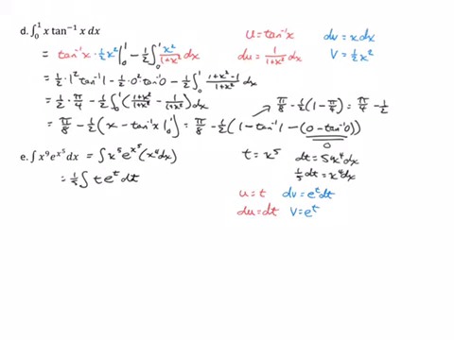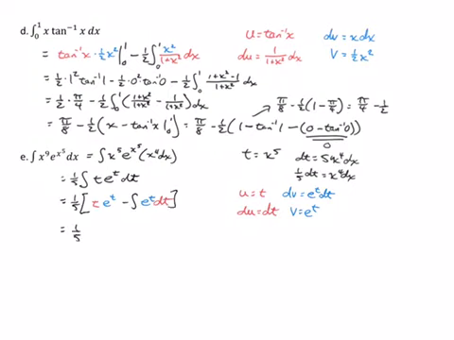Be careful, you've got a 1/5 out front, so you need parentheses, or I'm putting in brackets. Then we're going to have uv. Well, u is t, v is e to the t, minus the integral of v du, that's e to the t dt. And now we go ahead and integrate e to the t dt.